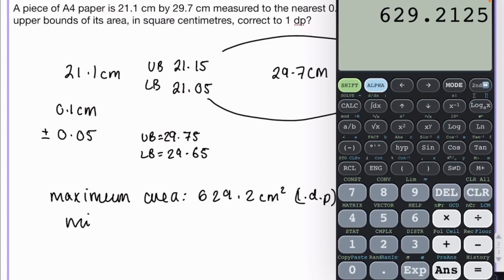And the minimum area will be the multiplication of the two lower bounds, which is 21.05 multiplied by 29.65, which is equal to 624.1 centimeters squared to one decimal place.